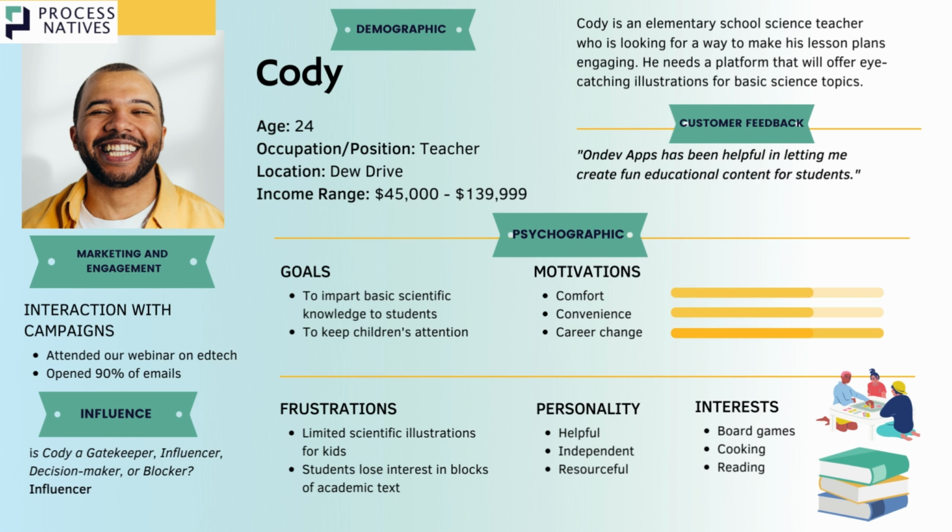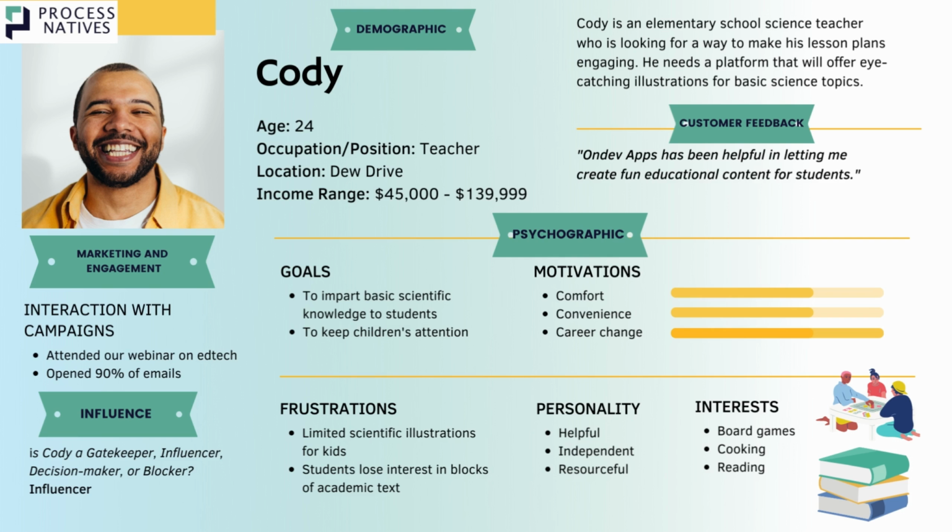For example, if we see that Cody's motivation is convenience, we can address the convenience selling points of the platform, how easy it is for Cody to use the platform. Psychographics focus on emotions, values, personality, and interests. So, as you see, these are the five primary subcategories of the psychographic data type.